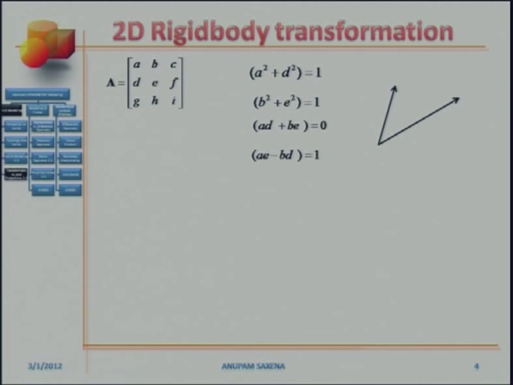We had additional conditions. G, this element here, equals 0, and h equals 0.